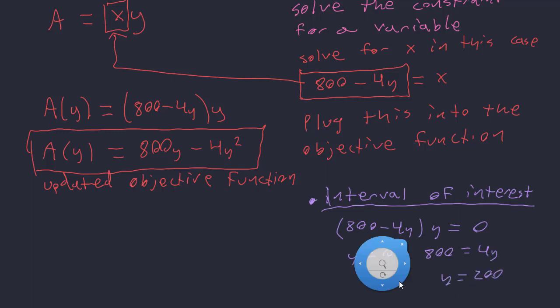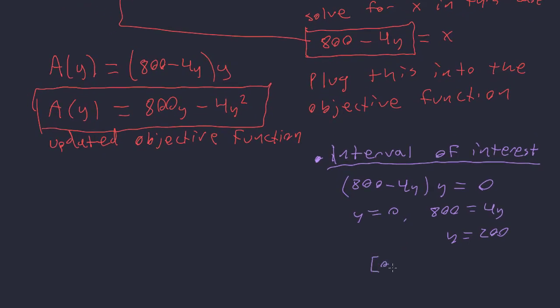So the interval of interest here is going to be 0 to 200. Okay, and that's because if we go below 0, we'll get a negative area. And if we go above 200, we'll get a negative area. So this is the only interval that makes sense for the area.